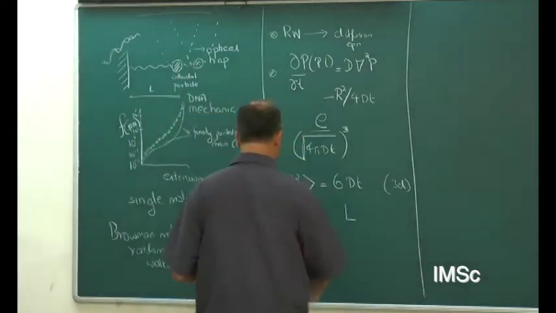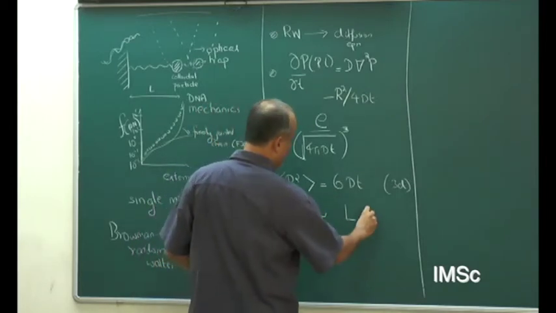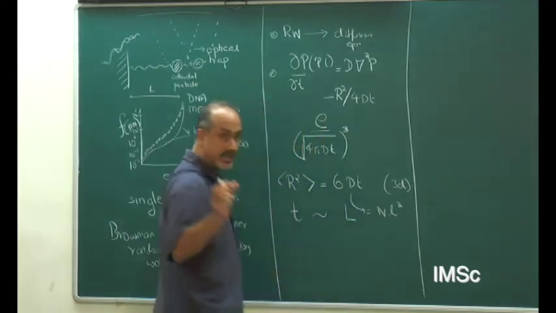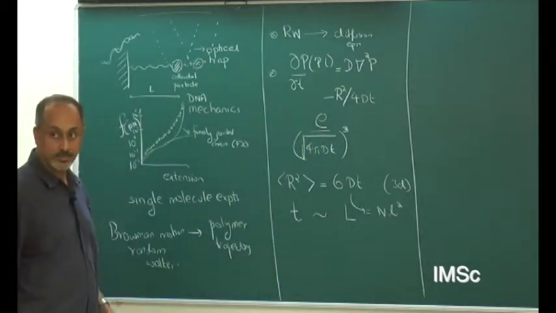So for example, r squared was 6 dt, but was also n times L squared, where L is the unit length of the random walker.